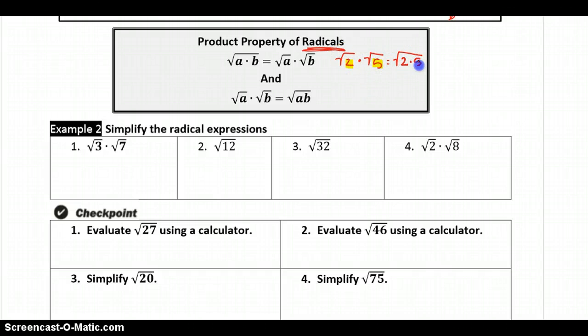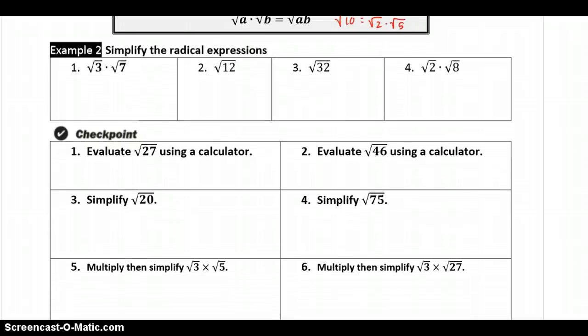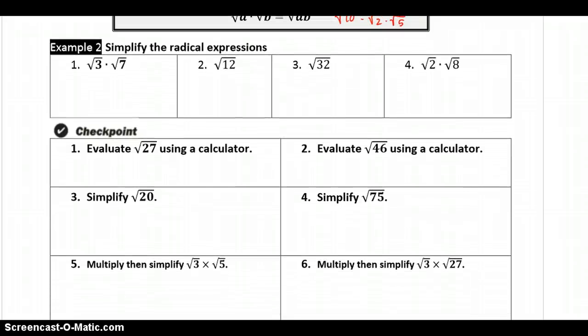So we'll have the square root of 2 times 5, which equals the square root of 10. Again, you can work the opposite way. If you have the square root of 10, you can rewrite that as the square root of 2 times the square root of 5.